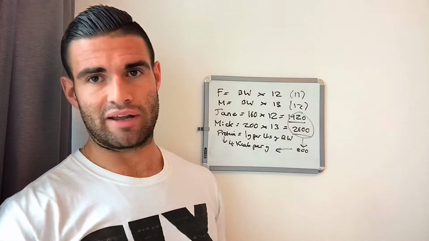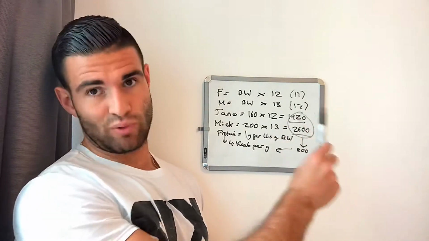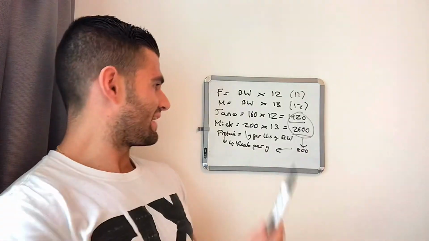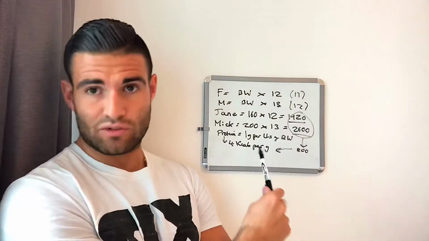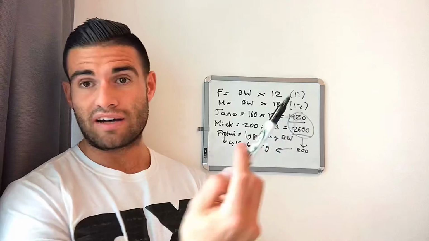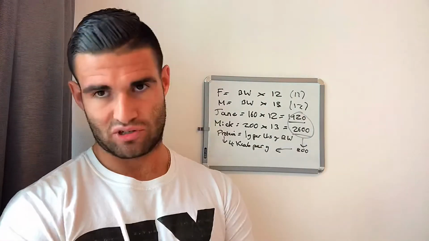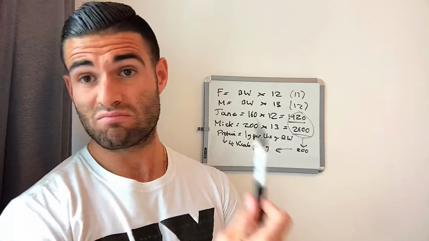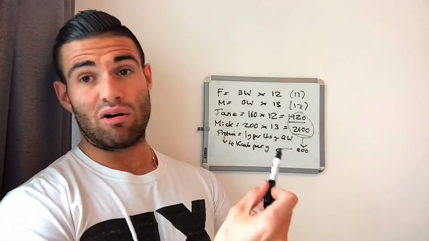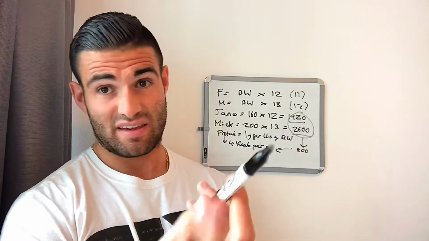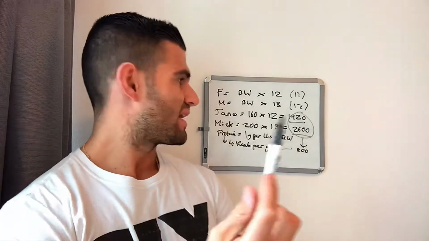But the second point, let's say this is week 1, okay? Now let's say Jane does this week 1, she's eating 1,920 calories, she loses body fat for the first 2 weeks. For the first 4 weeks, carry on. She's now lost, by the end of the first 4 weeks, let's say 4 kilos, 8 pounds, okay?